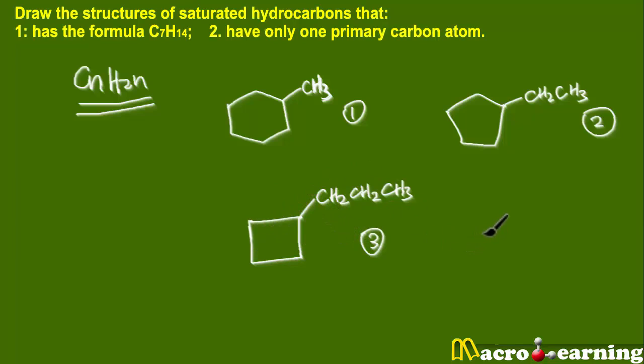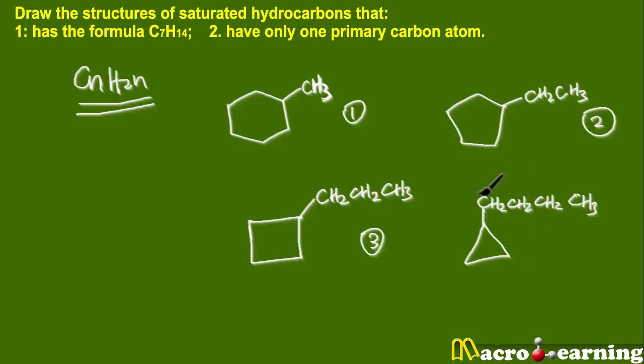And the next one would be a 3-member ring with 4 carbons as the substituent. Again, those 4 carbons will exist in just one substituent to make sure that we have only one primary carbon. That's the one at the end, right?